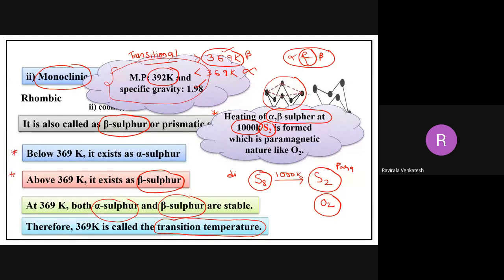So S8, that means monoclinic, octahedral or rhombic sulfur, is diamagnetic in nature, whereas S2 and O2 both are paramagnetic in nature. Understood?